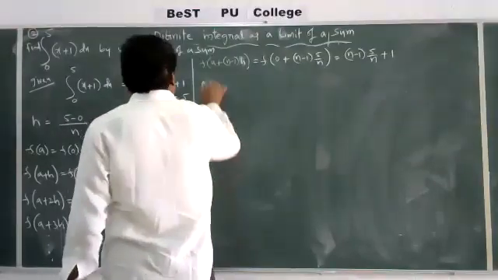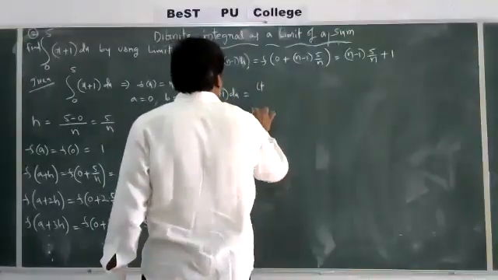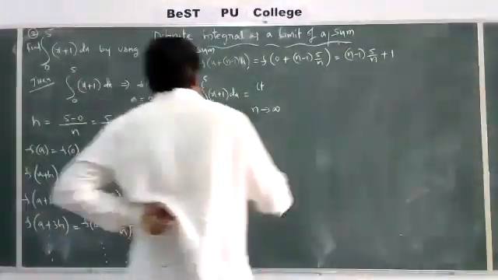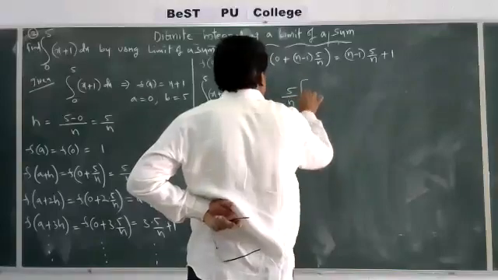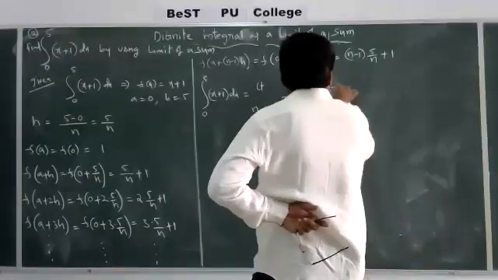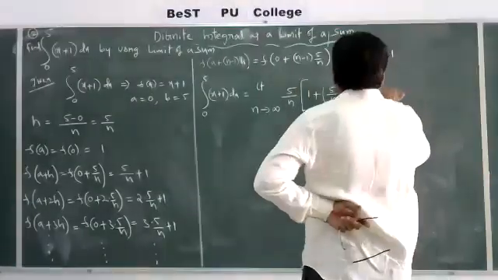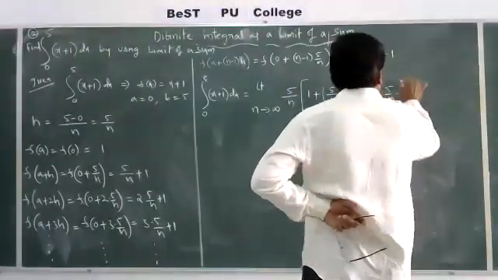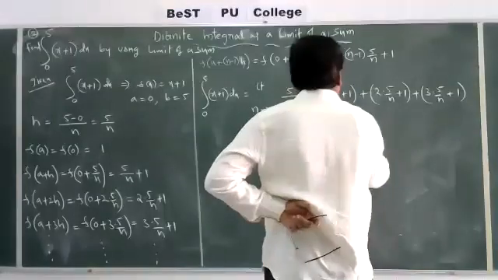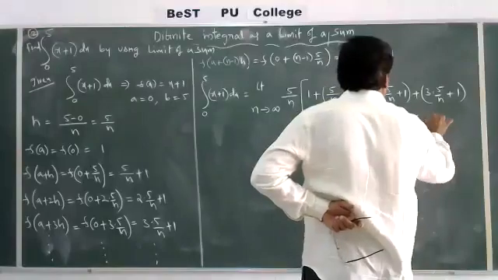That is, integral 0 to 5 x plus 1 dx is equal to limit n tends to infinity of h, the h value being 5 by n, into first f of a, that is 1, plus f of a plus h, 5 by n plus 1, plus f of a plus 2h, 2 into 5 by n plus 1, plus 3 into 5 by n plus 1, and so on, plus n minus 1 into 5 by n plus 1.